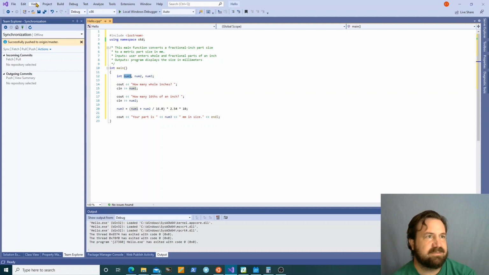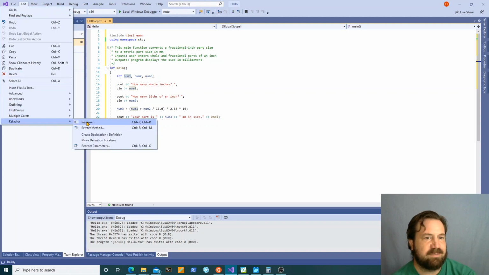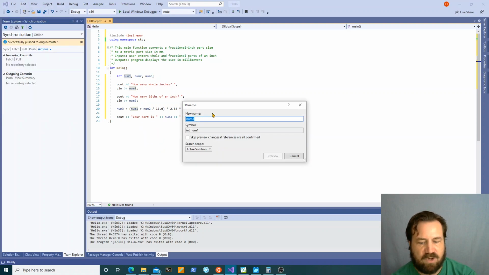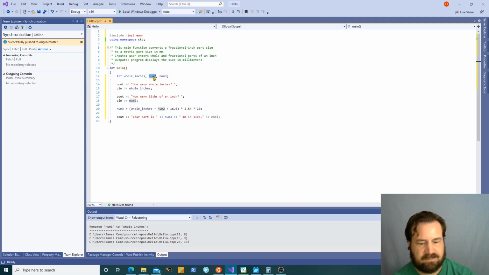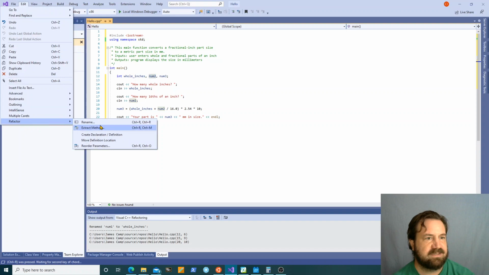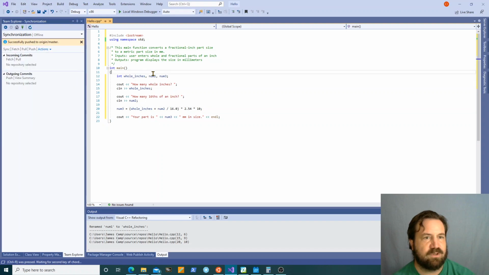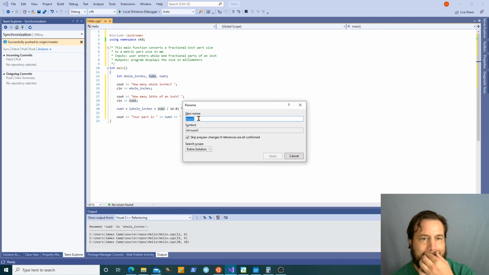So if I change num1, okay, my rename, Control R. If I change num1 everywhere where it is to whole inches, okay, Control R isn't working, so I have to do Control R, Control R. Okay, so I change num2 everywhere that it shows up to 16th inches.